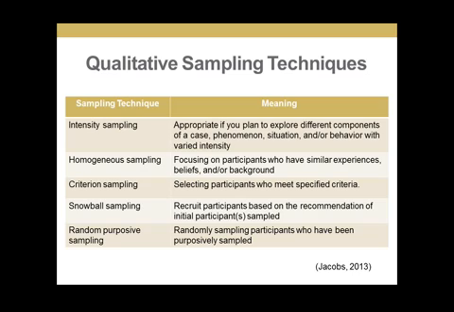If this is the component of health-seeking issues that you want to focus on, then you can sample participants that will help you address that component. And then you can look at a different component and sample participants that will help you address that. So that's all about intensity. You look at the different components concerning the phenomenon and then sample participants based on the component or the issue that you really want to look into.